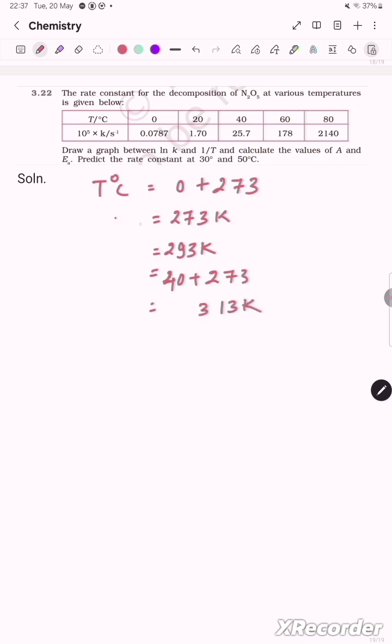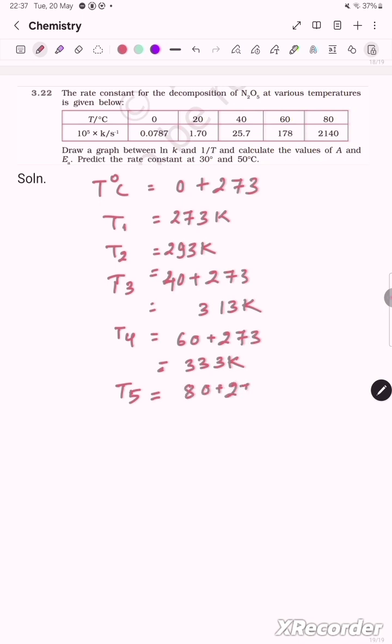You name these T1, T2, T3, T4, and so on. 60 plus 273 is equal to 333 Kelvin, and the last temperature is 80 plus 273, which is equal to 353 Kelvin. So these are all the temperatures we have calculated in Kelvin.